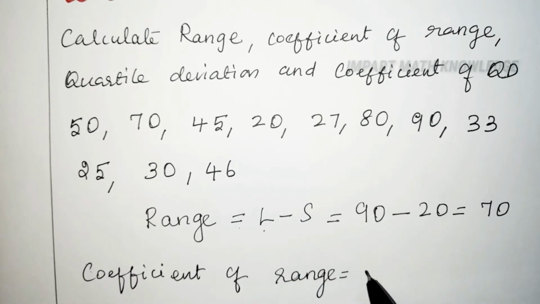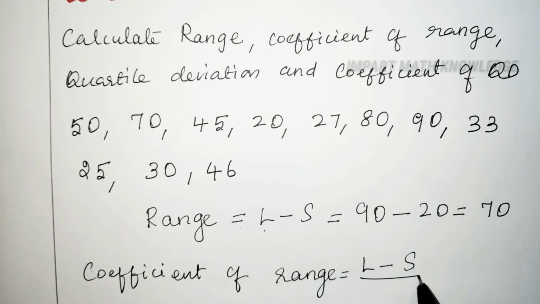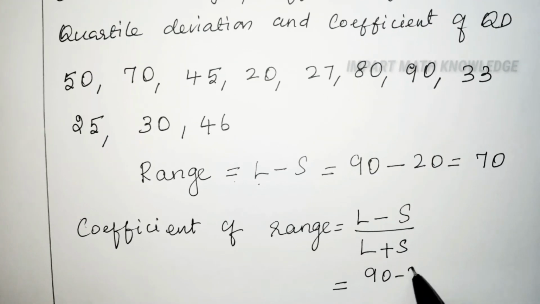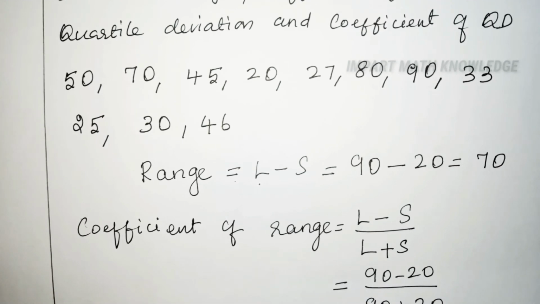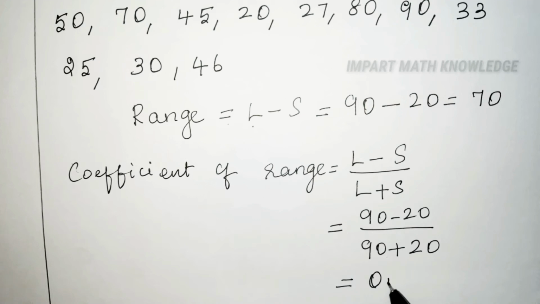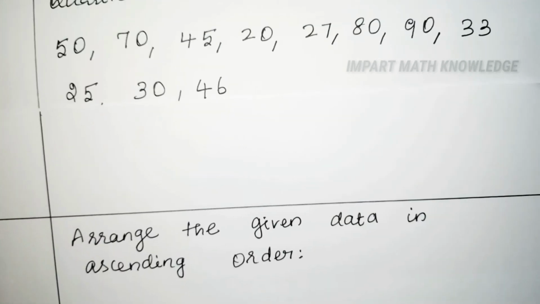Coefficient of range is equal to L minus S divided by L plus S, that is 90 minus 20 divided by 90 plus 20. This is equal to 0.6364. For range, we use the formula L minus S. For the coefficient of range, the formula is L minus S divided by L plus S.